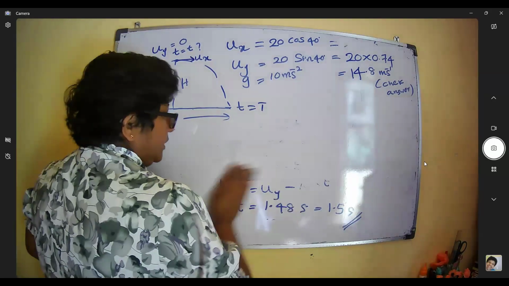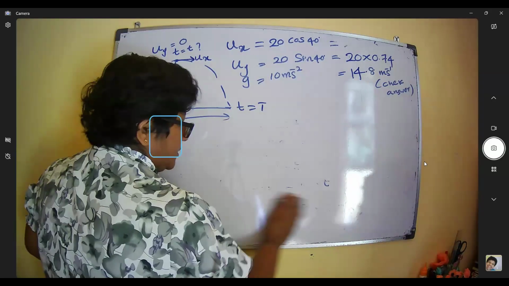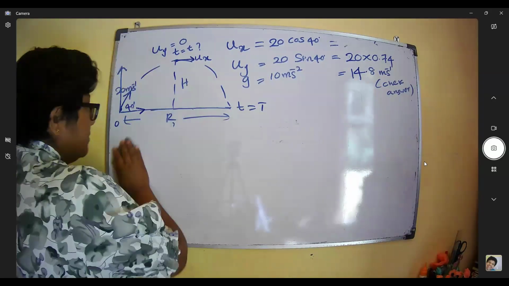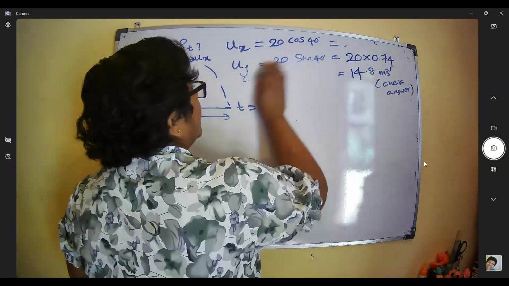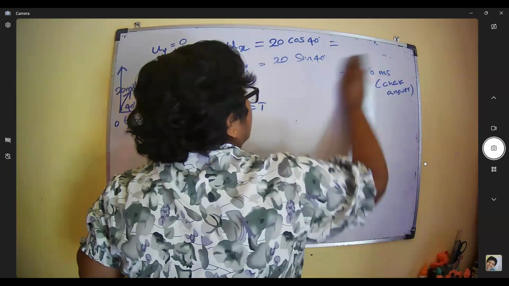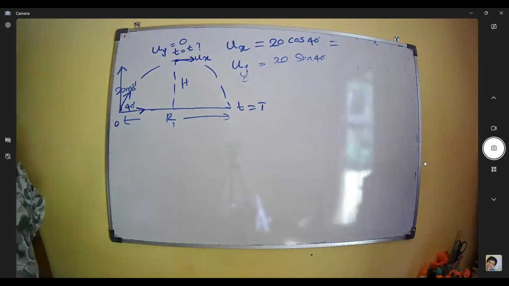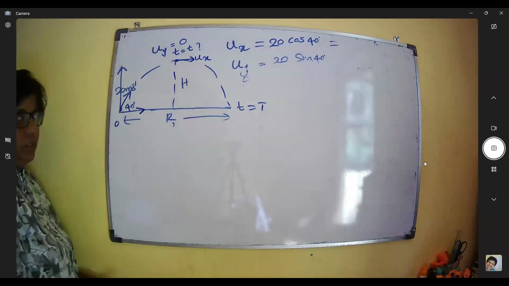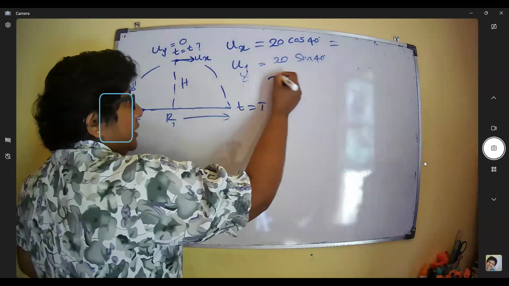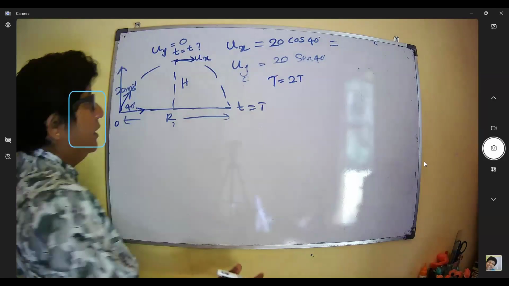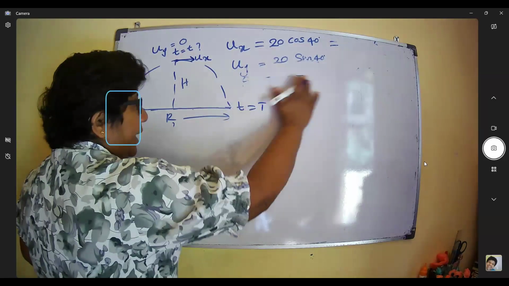So here, the total time is 2 times this, but we can take the equation. I will explain from the equation. If you want to find the time to the maximum, then it is small t. This is okay.